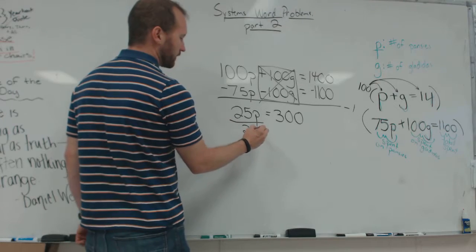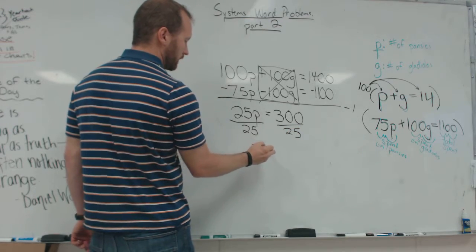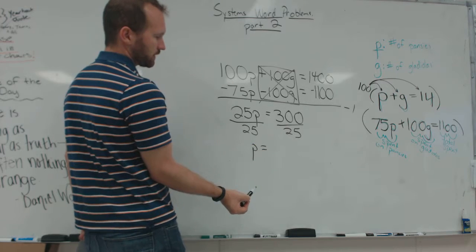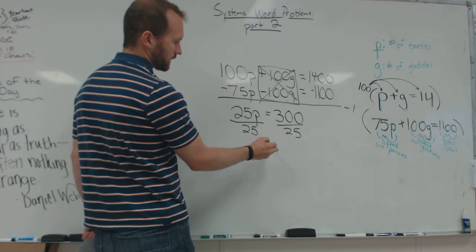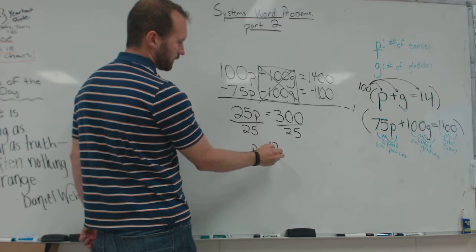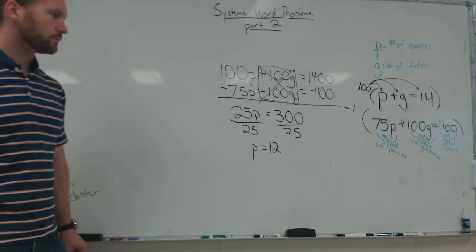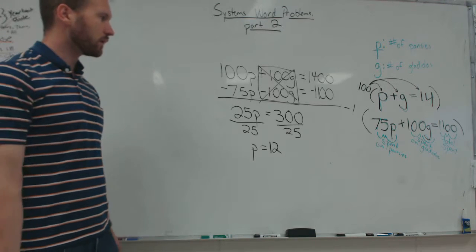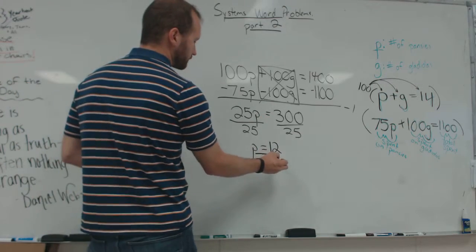Divide by 25 to find that P equals, what is 300 divided by 25? Is that 12? I think it's 12. 100 divided by 25 is 4 times 3. Yeah.